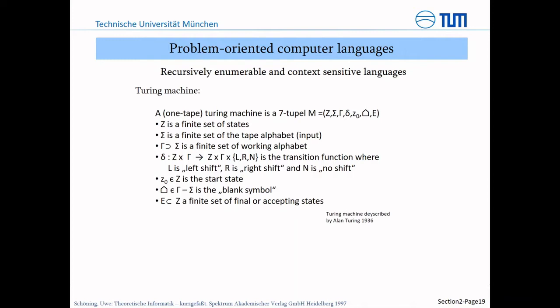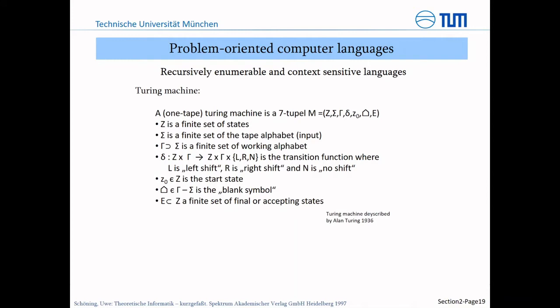Here we have a state, something from the alphabet read from the tape, and it is replaced by a new state, write-back information to the alphabet, and a decision to go left, right, or stay at the position on the tape. So the transitions are now a little bit more complex for these Turing machines, and therefore we have more possibilities.